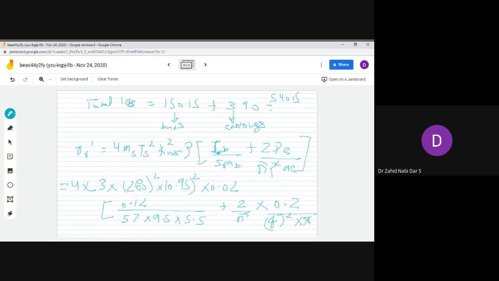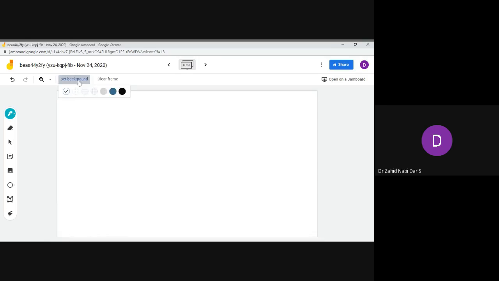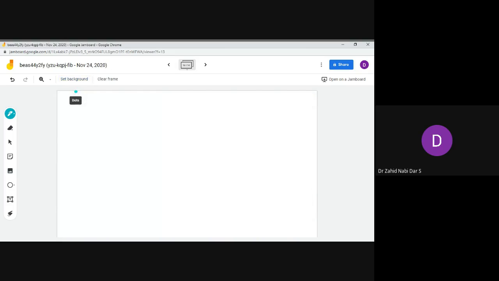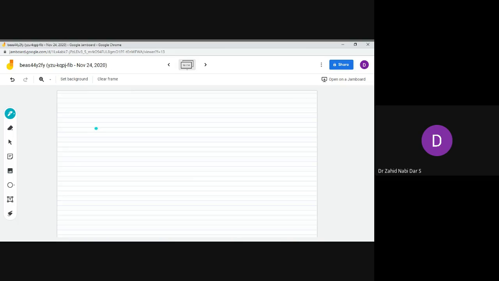So once you substitute in this expression, I was a little fast, you will get this value as RR dash is equal to 2.5 ohms.